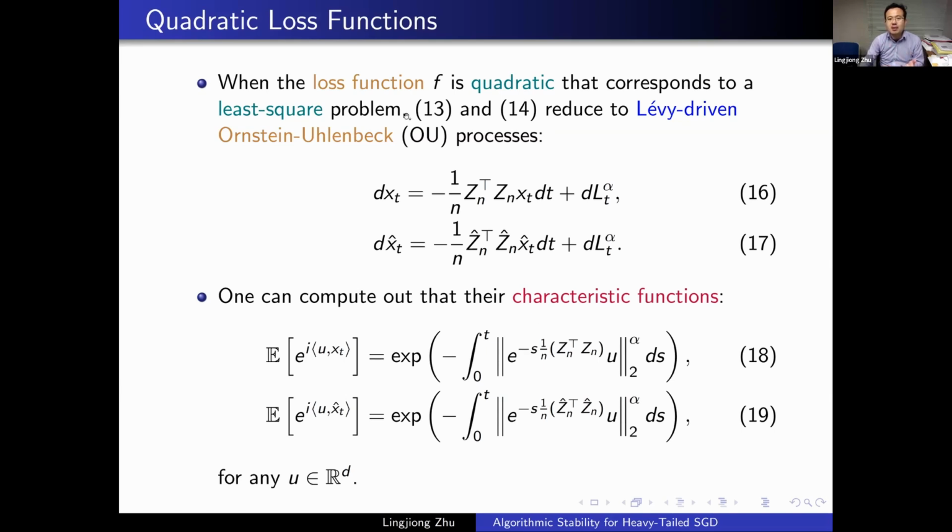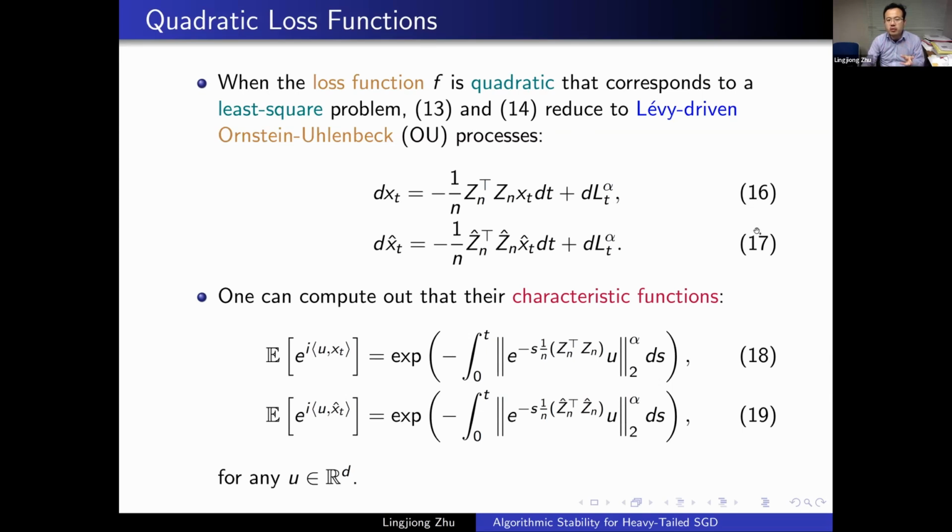The simplest case is the loss function when f is quadratic. If f is quadratic, it essentially reduces to some Levy-driven Ornstein-Uhlenbeck process. This least squares problem will be equivalent to a Levy-driven OU process, which reduces to equations 16 and 17.